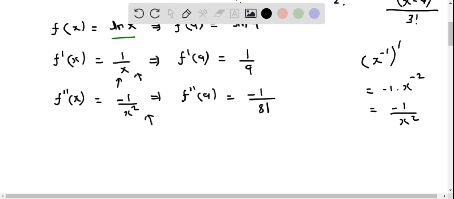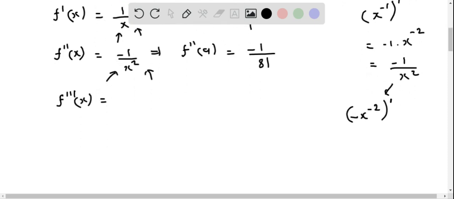Now let's find the third derivative. We find the derivative of negative 1 over x squared, which we can rewrite as negative x raised to the power of negative 2. We can apply the power rule: the negative 2 comes in front, we already have a negative, so negative times negative 2 is positive 2, and then x raised to the power of negative 2 minus 1, which is negative 3.